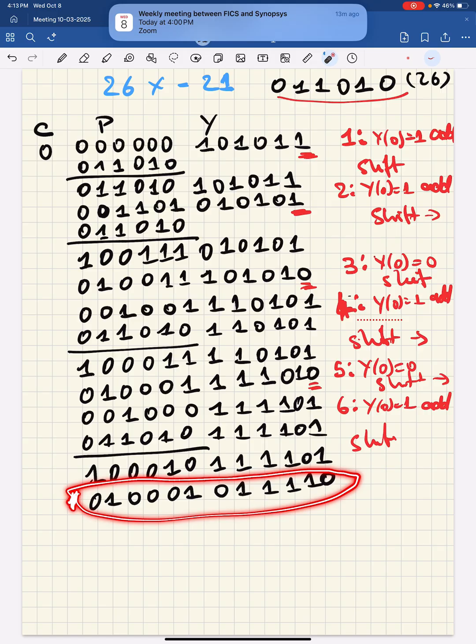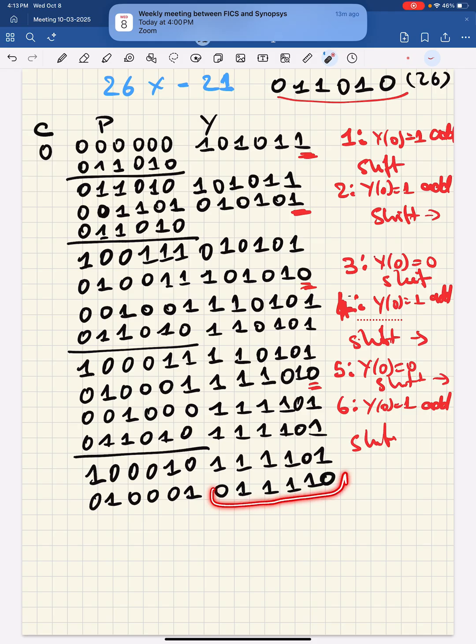So what do we need to do? Because the multiplier was a negative number, we will have to remove the value 2 to the n, which is this value here, multiplied by the x. So 2 to the n is 1, 2, 3, 4, 5, 6 in this case, and it's going to be 6 here, and then we'll have to shift that n positions.